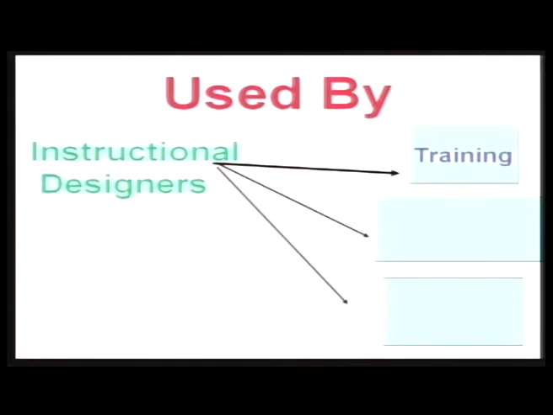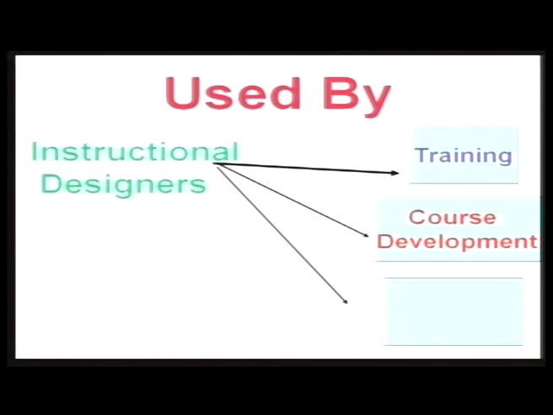Now, why and where is it used? Basically, all these models are used by instructional designers. Who are instructional designers? Those who design the instruction. Instructional designers use this model in the development of training programs, in the conduct of training programs, or in course development.